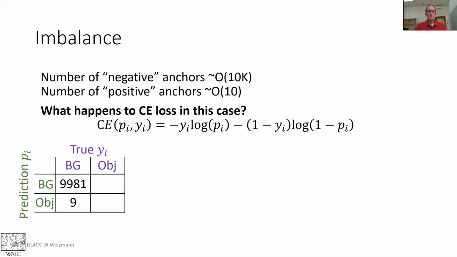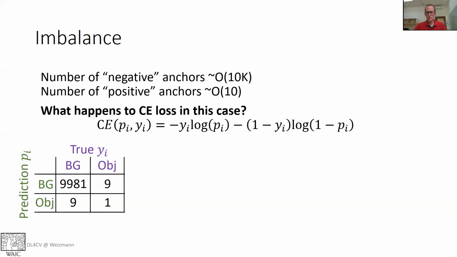We have some background classified as object by the RPN, and one of the objects was correctly classified, and we also have some object regions classified as background. So this is one way of classifying 10 objects out of 10,000 possible anchors.